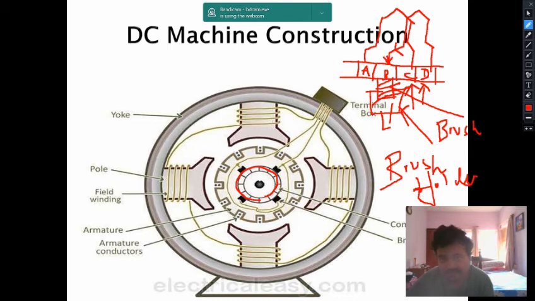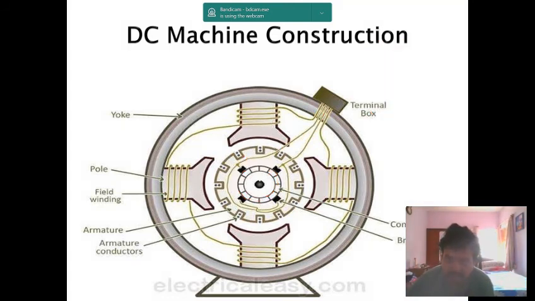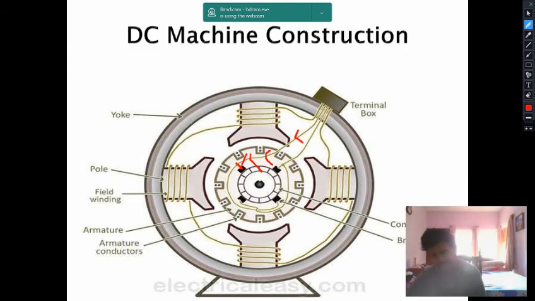Current will be passed through the commutator segments through the brushes. And suppose this is the brush B, and it will go out to the terminal box in case of a generator. But in case of a motor, this will be in this particular direction. So it will be unidirectional, but after the commutator segments, it will be bidirectional. So this is for the motor.